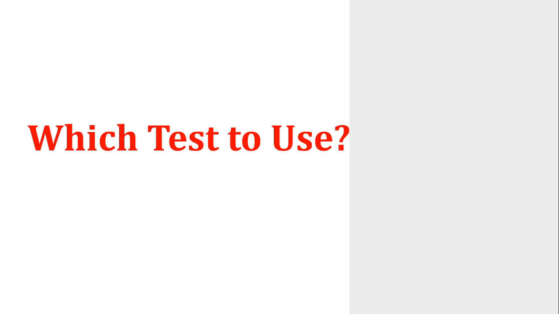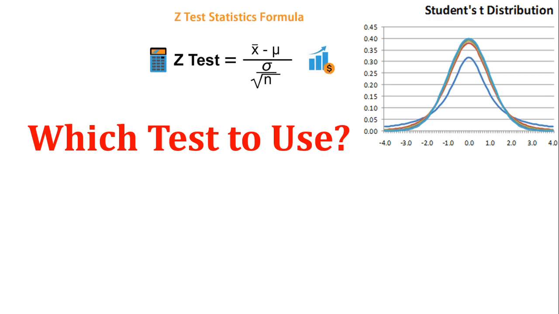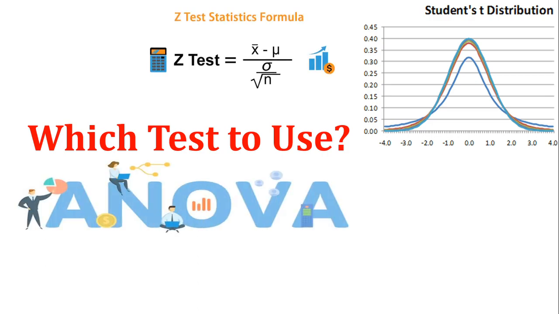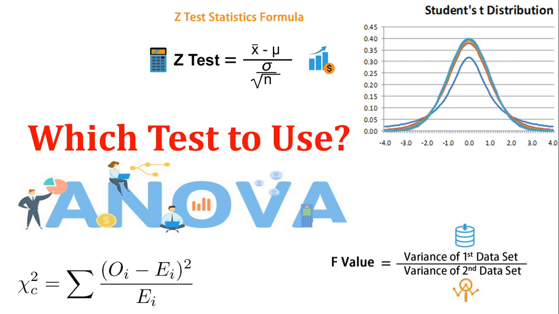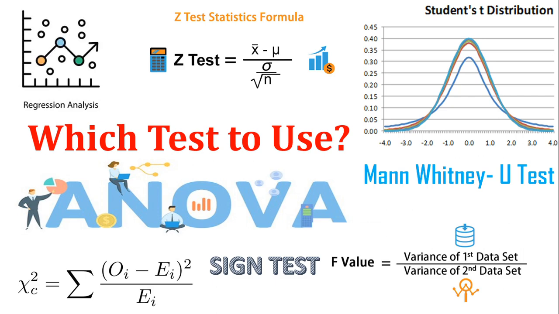Further, the next question we generally come across is which test to use. In such a scenario, we come across tests called student t-distribution test, z test, ANOVA, chi-square, F test, Mann Whitney U test, sign test, and regression analysis.